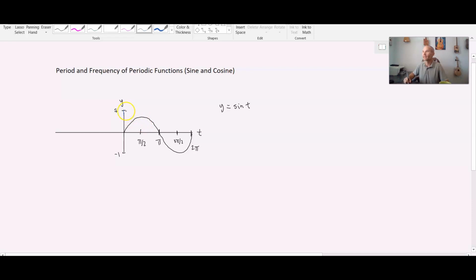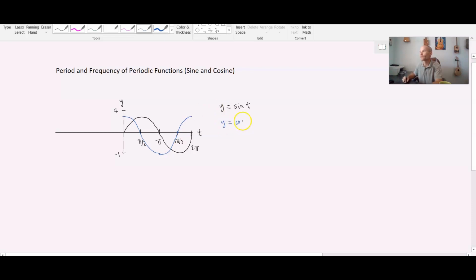Now, cosine starts at 1 at t equals 0. At pi halves it makes its way down to 0, and then at pi, cosine is at -1. At 3 pi halves, it makes its way back to 0, and then at time 2 pi, it makes its way back to 1.